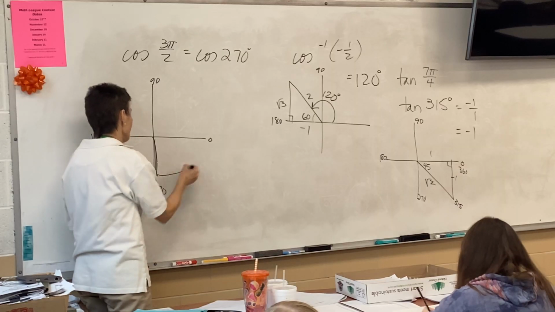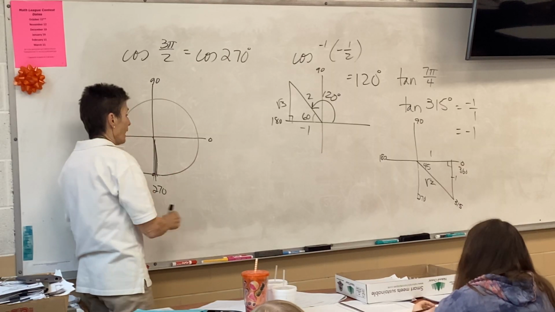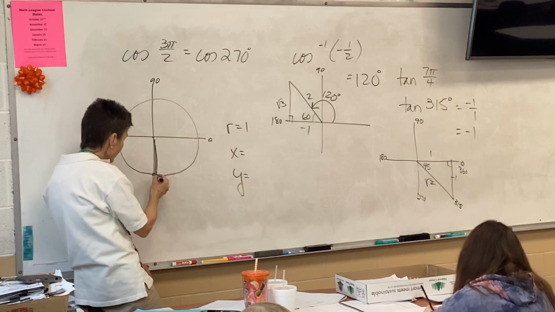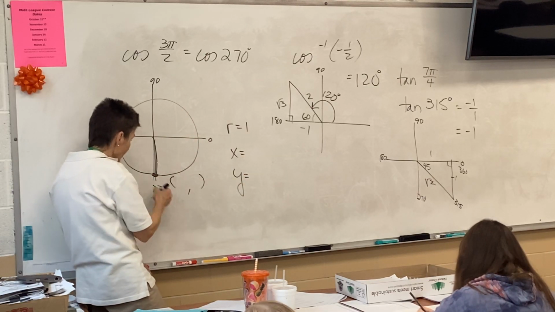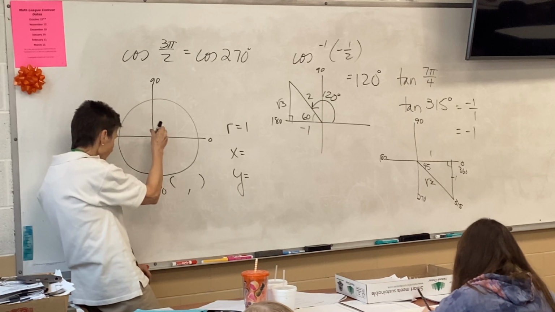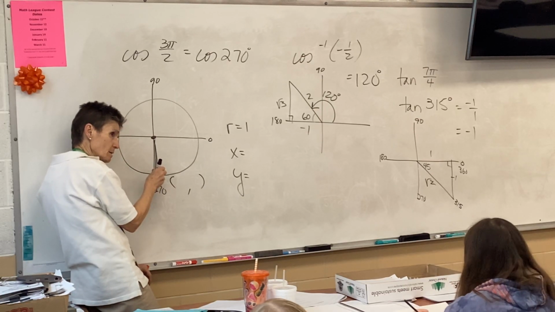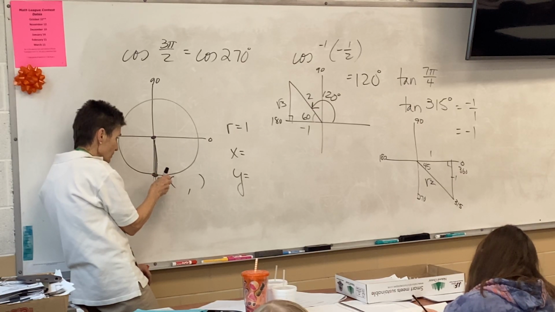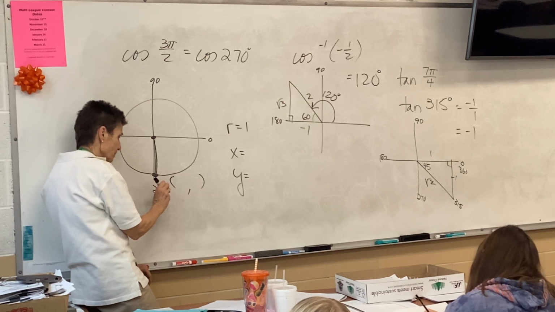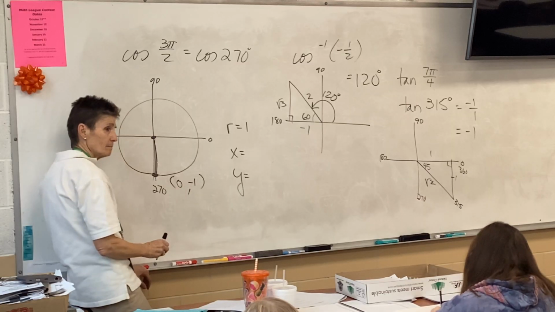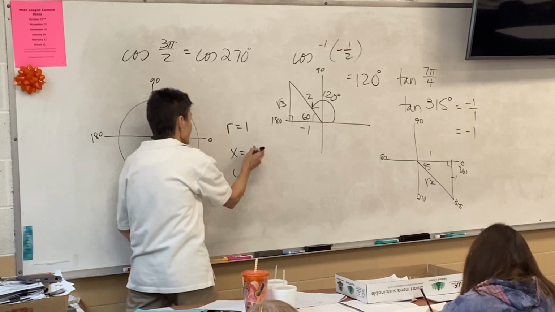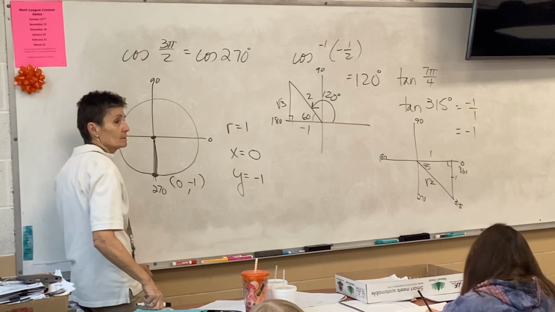Draw a circle. I let the radius of the circle be 1. And then I'm going to find the coordinates of that point right there. So here's the origin. I'm coming straight down 1. So what is it? 0, negative 1. So x is 0 and y is negative 1.